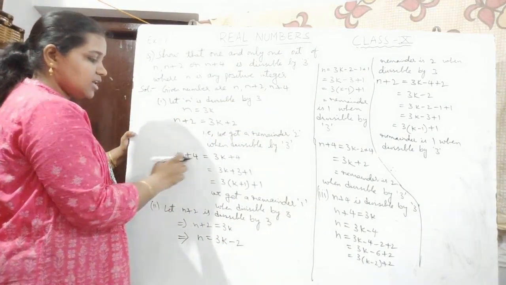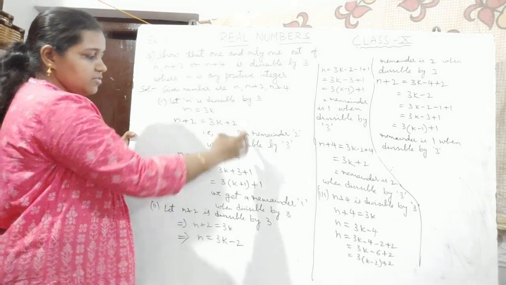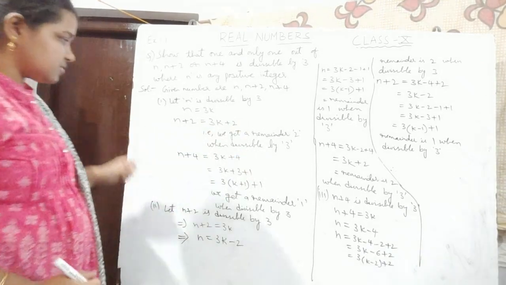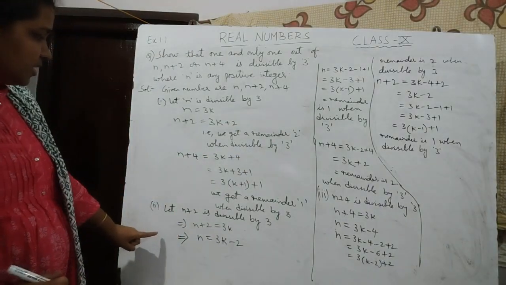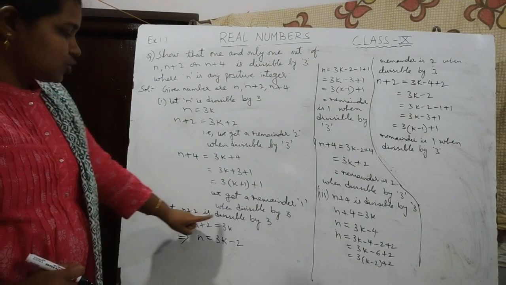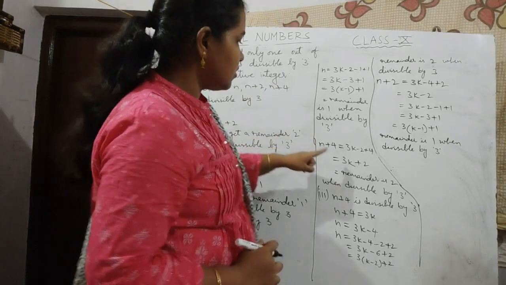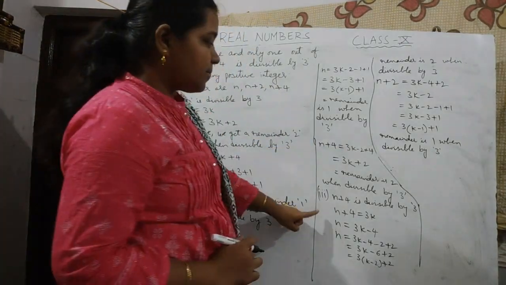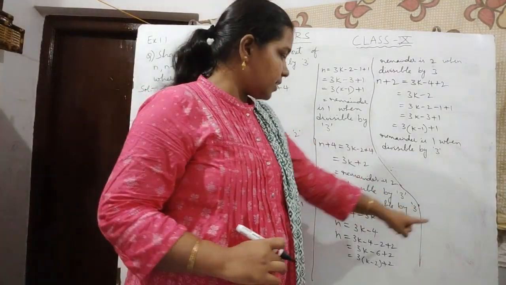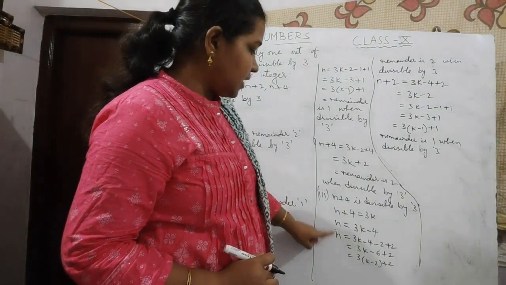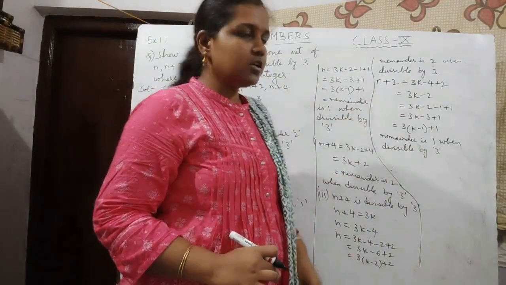So in all the 3 cases, we observe that in the first case n is divisible by 3, then n plus 2 is not divisible, n plus 4 is also not divisible. Similarly, n plus 2 is divisible, then n is not divisible and n plus 4 is also not divisible. Third case, n plus 4 is divisible by 3, then n is not divisible and n plus 2 is not divisible.